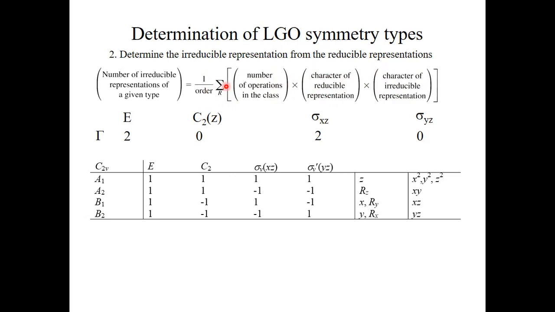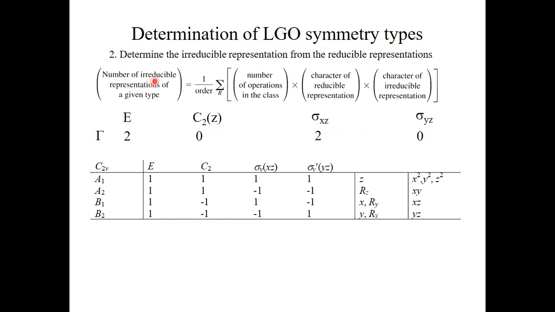Okay, now let's apply this formula to the problem that we just discussed. So our reducible representation is again listed here. It's 2, 0, 2, 0. So we start with an irreducible representation of a certain type. We can, for instance, just select the first one here in the character table, which is A1. So we now determine the number of irreducible representations that have the symmetry type A1.